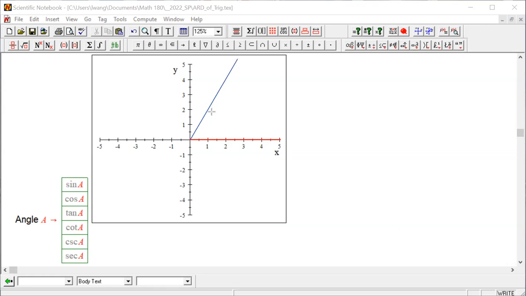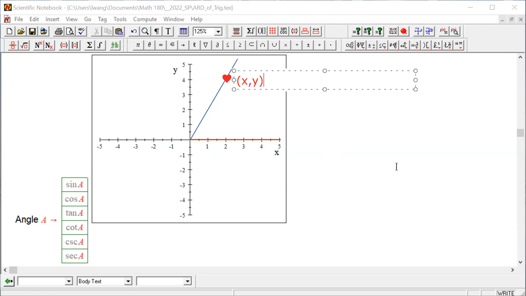And the point x, y can be anywhere on the terminal side as long as it is not on the origin. It cannot be on the origin. It can be any point; of course, you just have to choose one. And this point has a coordinate, an ordered pair, x comma y. What is x?